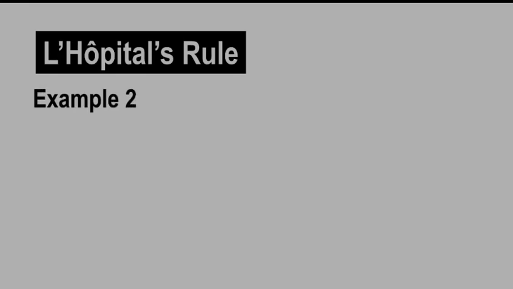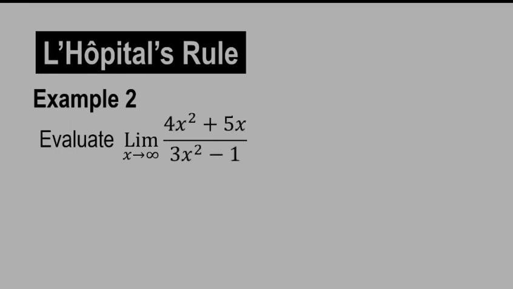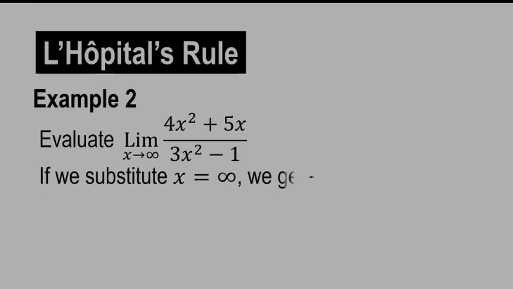Example 2. Evaluate limit as x approaches infinity of 4x squared plus 5x divided by 3x squared minus 1. If we substitute x equals infinity, we get infinity by infinity form, which is an indeterminate form.